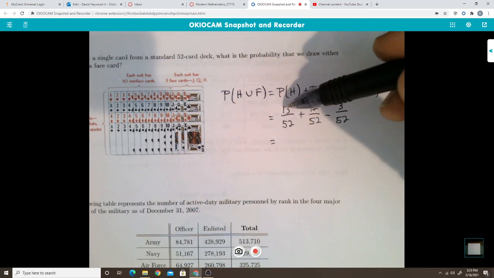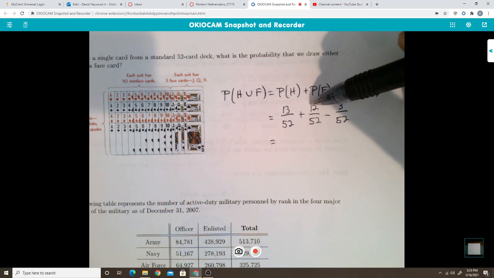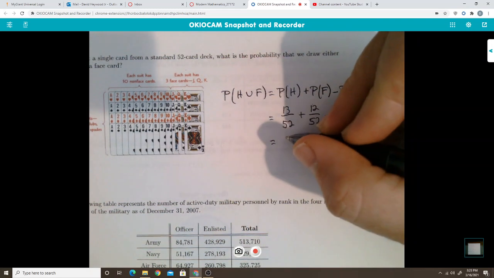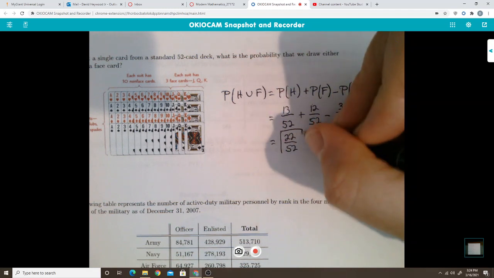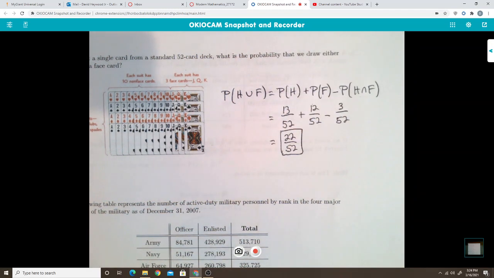Okay, so what does that come out to? That comes out to 13 plus 12 is 25, minus 3 is 22. So 22 out of 52. You can change that into a decimal if you want, but I'm going to leave it that way because I want to show you that you could have just counted this up differently. This is actually a really good example that shows why this formula works, right?